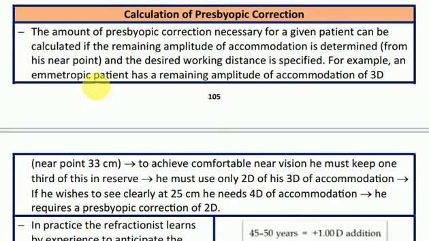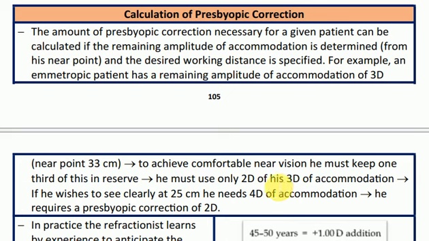For example, an emmetropic patient has a remaining amplitude of accommodation of 3 diopter. So his near point is 33 centimeter. Now to achieve comfortable near vision, he must keep 1/3 of this in reserve. So he must use only 2 diopter of this 3 diopter accommodation.